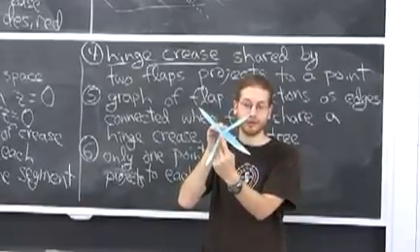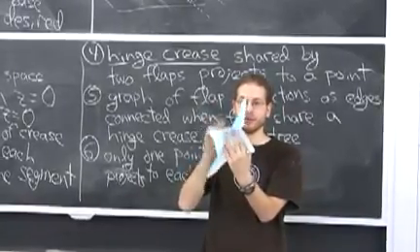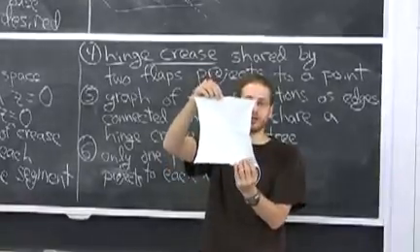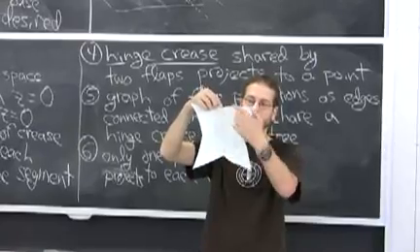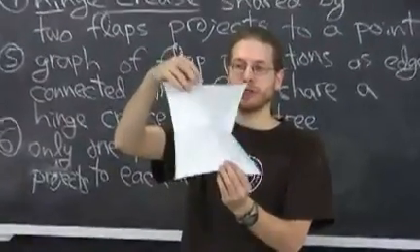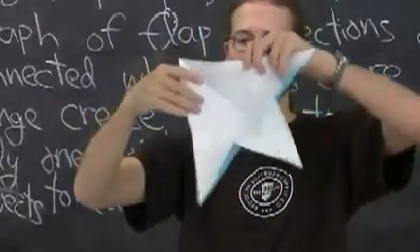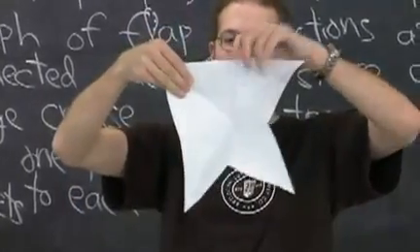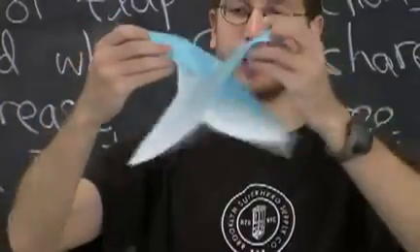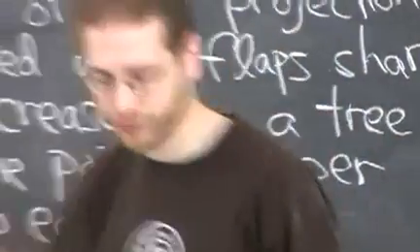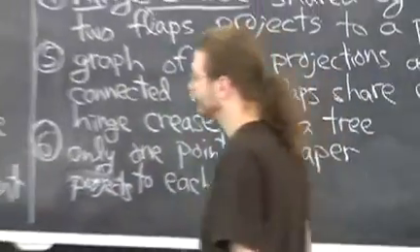Here I'm joining 4 of them at a vertex, because if you unfold it, they all share hinge creases. Hinge creases in this case are the perpendiculars, these 4 guys. Okay, I've got a flap over here, a flap over here, they share a hinge, so I connect them together in the graph.